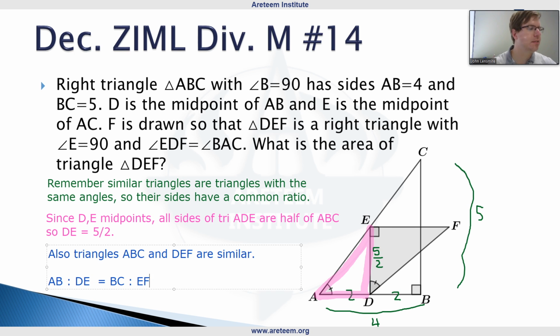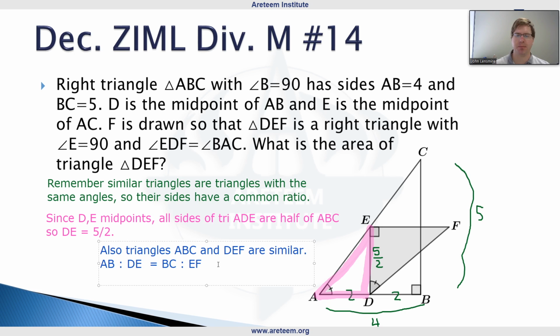And this is the most important piece of information right now. Once we have this, we're good to start finding information. So we know AB is 4. 4 is to 5 halves as BC, which is 5, is to what?